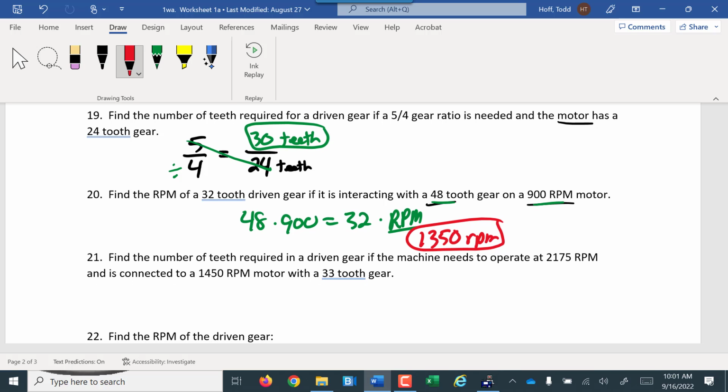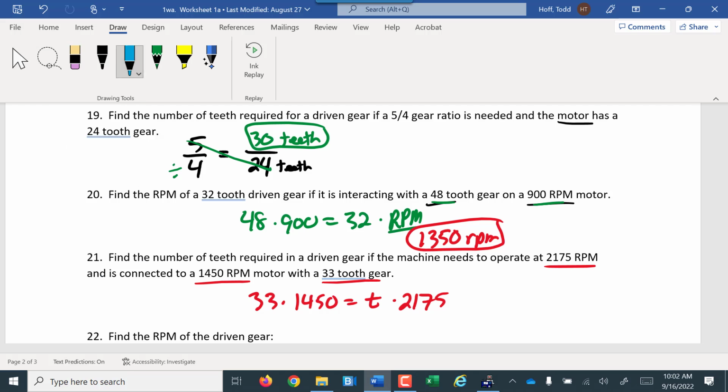Next, find the number of teeth required in a driven gear if the machine needs to operate at 2175 RPM, and is connected to a 1,450 RPM motor with 33 teeth. So 33 times 1,450 equals however many teeth this is going to be, times 2175.